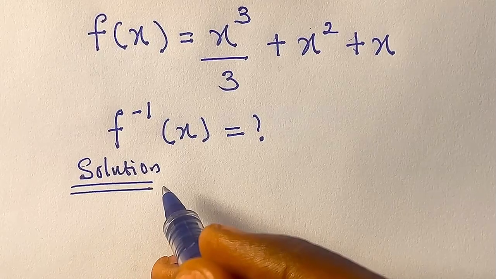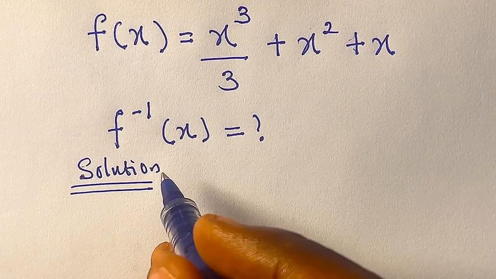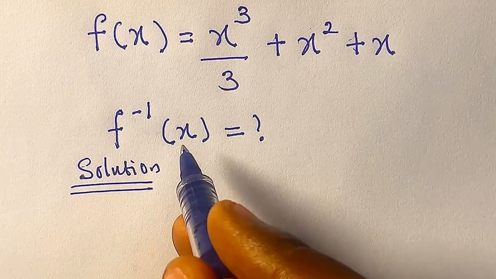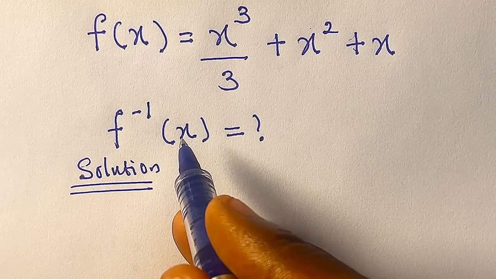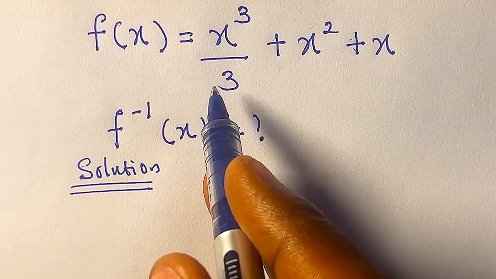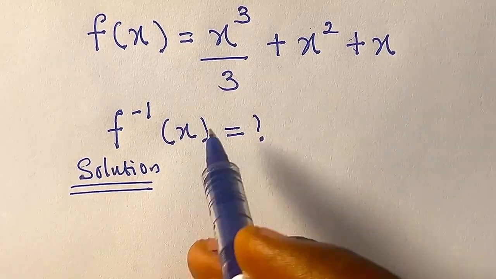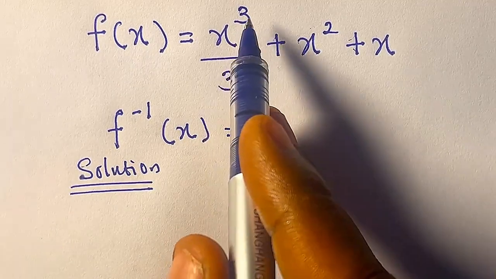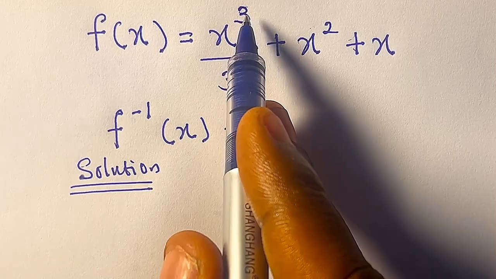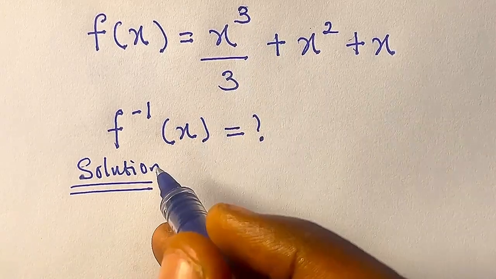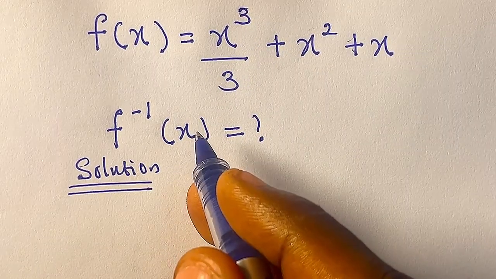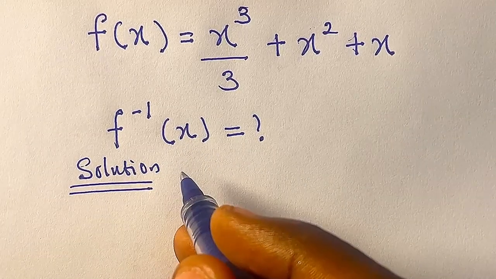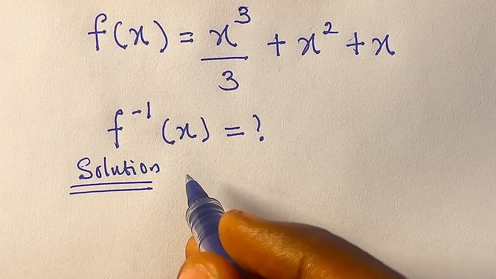The first step is we must understand the type of function we want to deal with. Looking at the function, we will observe that this is a cubic polynomial, because the highest degree of the variable here is 3, which is x raised to the power 3. So we can get a simple algebraic expression of f of x, in the general form of solving a cubic equation.